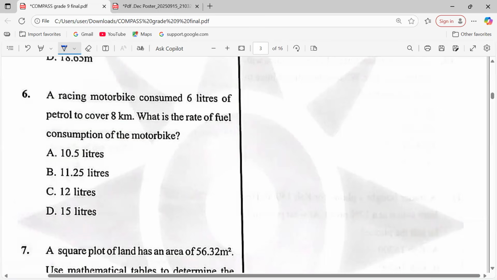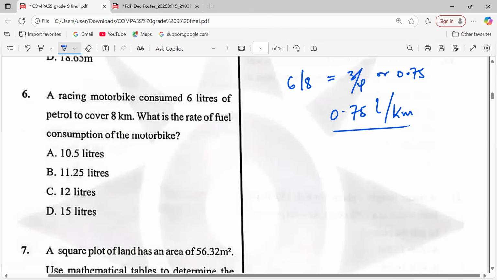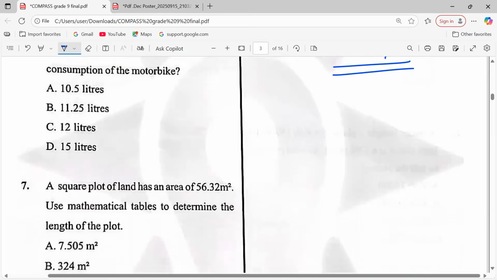So we check per kilometer how much is being consumed. 6 liters require 8 kilometers. So you divide the two, you get 3/4, which can also be written as 0.75. So 0.75 liters per kilometer. That is the rate of consumption of fuel by this particular motorbike.